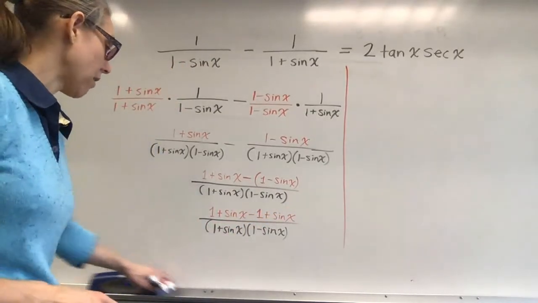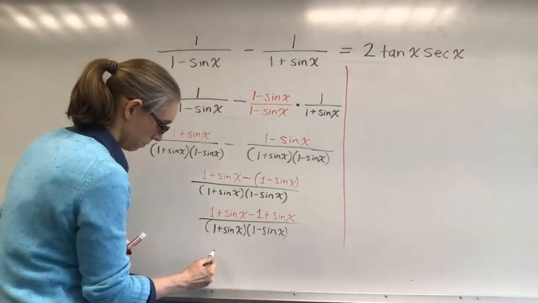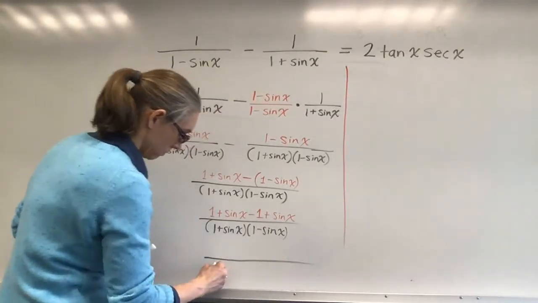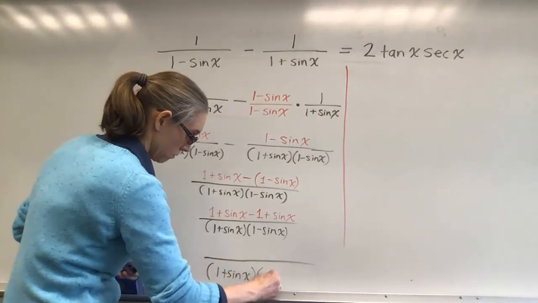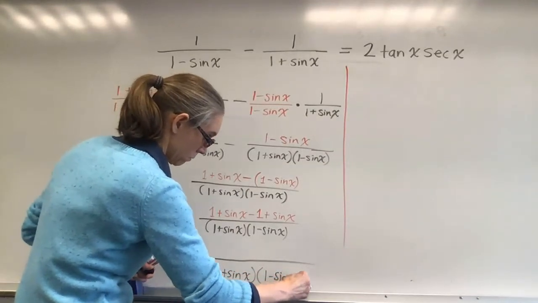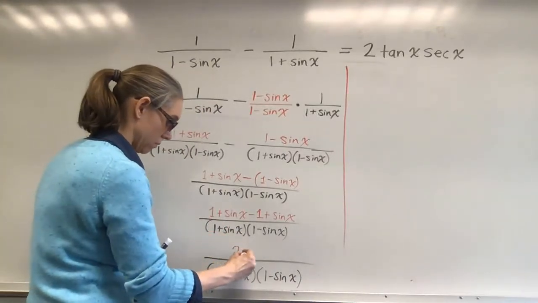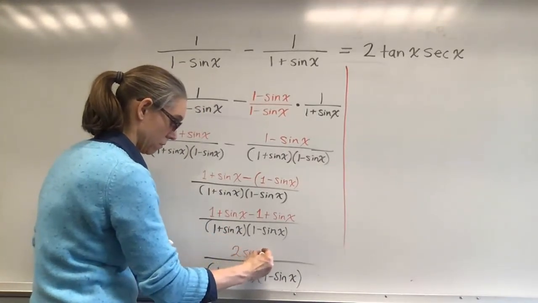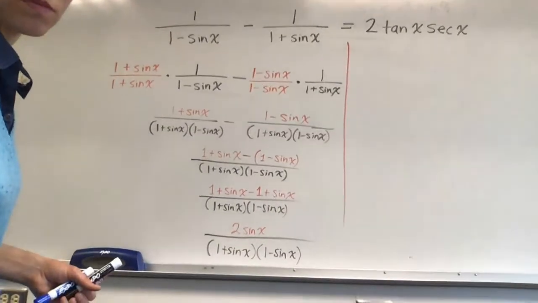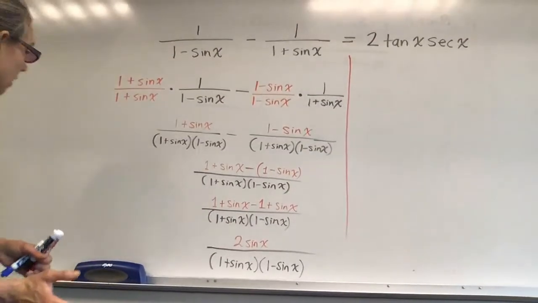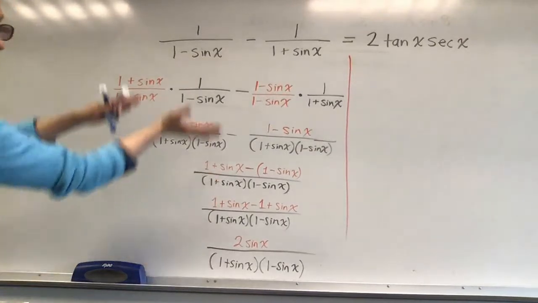Okay, and now I'm going to combine anything in the numerator that can be combined. Now I've run out of space here, so what I'm going to do is move everything up.